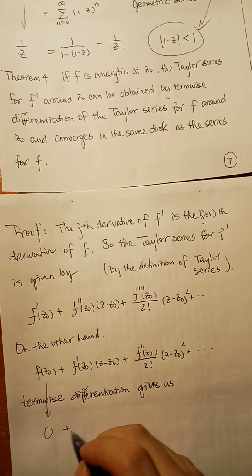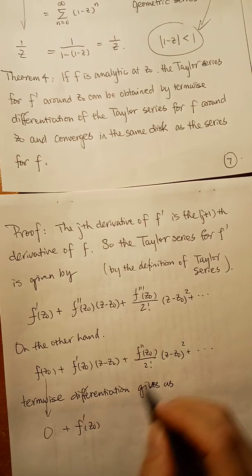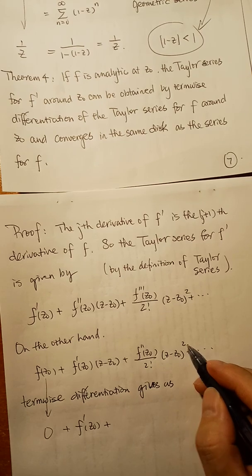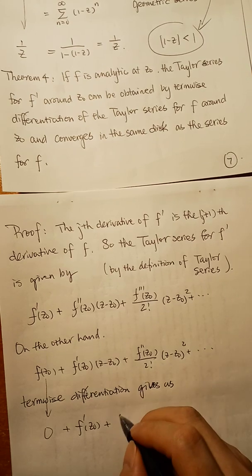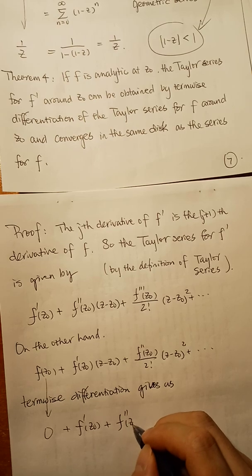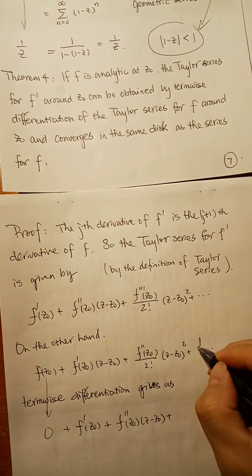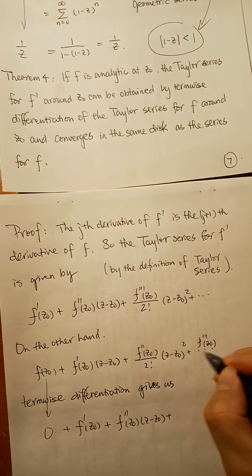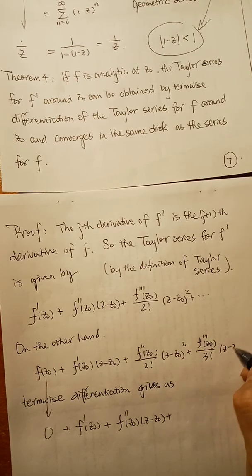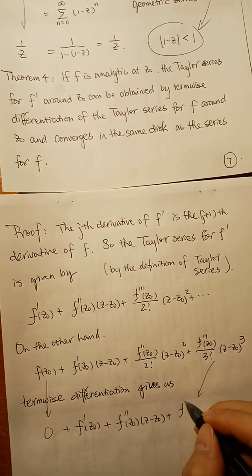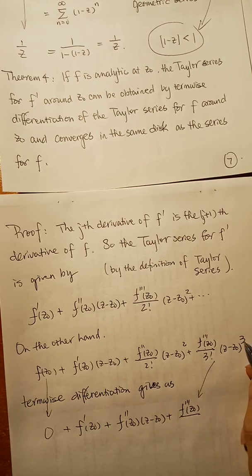This is f prime of z0, and because of the product rule, the 2 cancels with the 2 in the denominator. And the next one, this term gives you the third derivative of f at z0, but the 3 cancels.